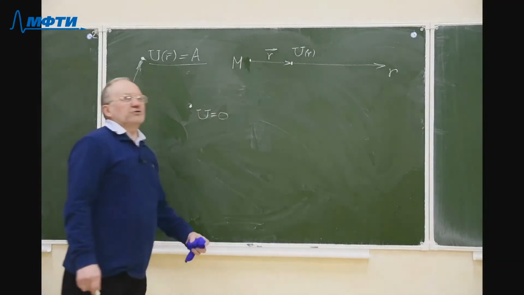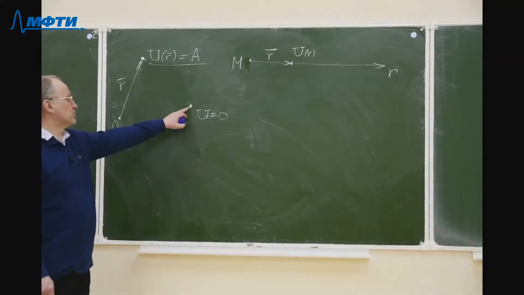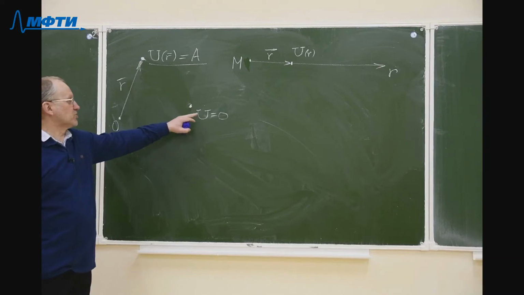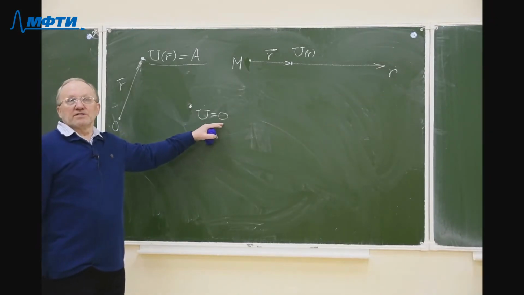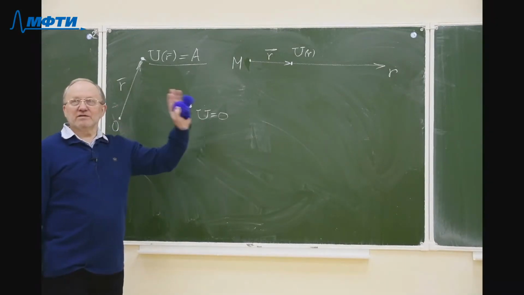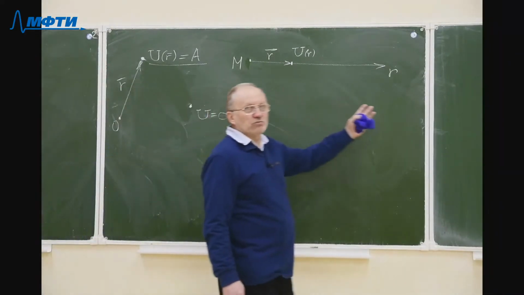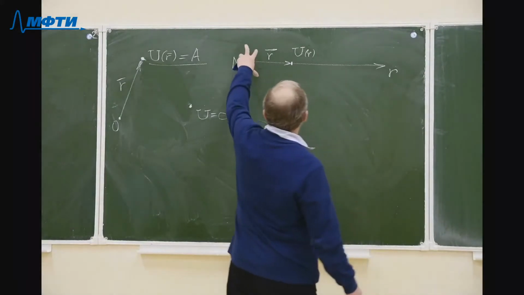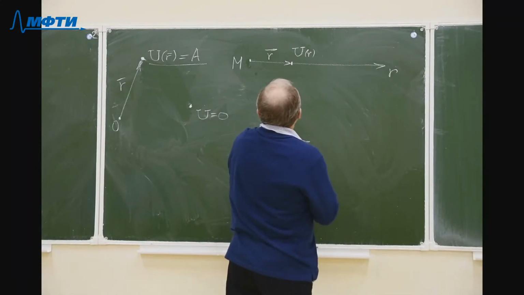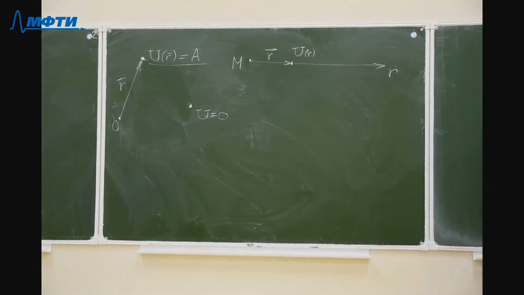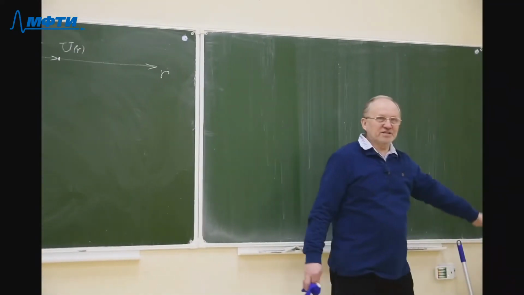First, in order to calculate the potential energy, I have to choose the zero potential energy point. It's convenient to assume that the potential energy is zero somewhere far away in space, where the gravitational field is zero. If the gravitational field here is strong and here is somewhat weaker, and if we go farther and farther away, the gravitational field will vanish.